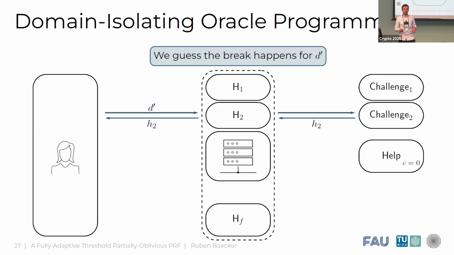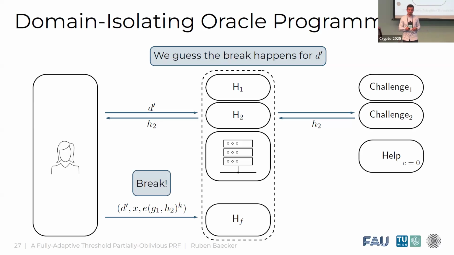The second protocol run actually uses the domain that we predicted the break will happen on. We return a challenge element, and now the client somehow is able to obtain that solution again. We can extract the solution, and that is a break of the assumption, because for that specific domain, we never queried the help oracle.